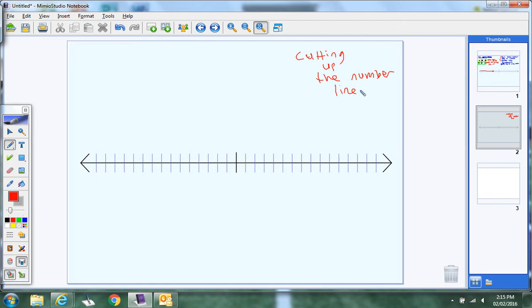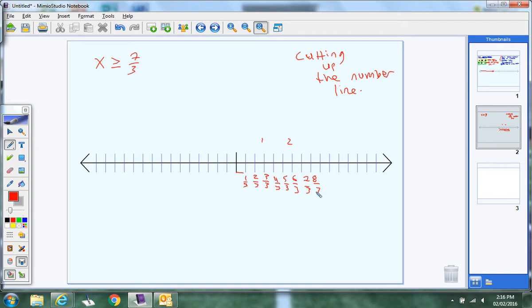Okay, so the best time to cut up a number line is, for example, if you're given thirds. Like for example, let's say we want to do x greater than or equal to 7/3. So what I want to do is count by thirds. So right here, I'm going to go 1/3, 2/3, 3/3, which is 1, 4/3, 5/3, 6/3, which is 2, 7/3, 8/3, etc. These are all going by thirds.